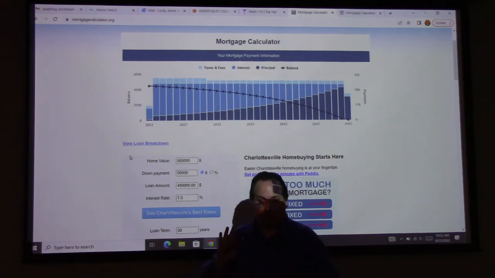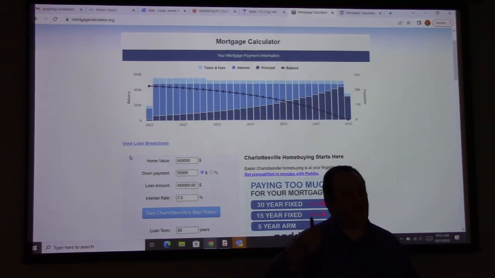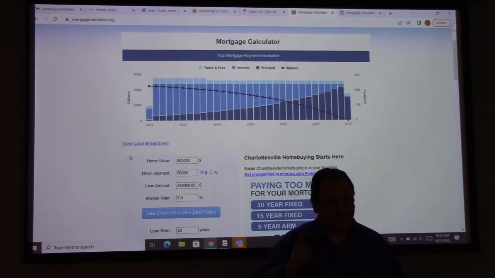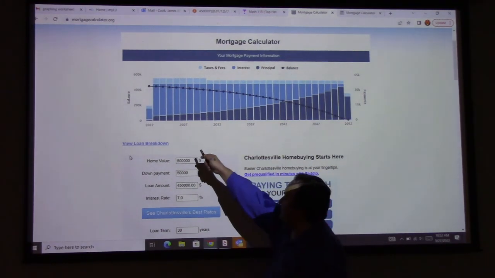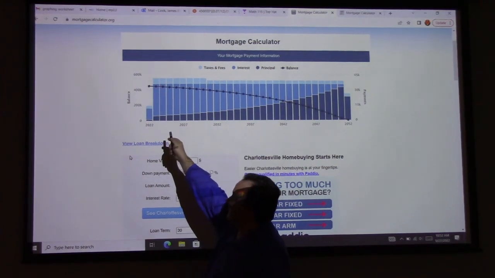So suppose month 2, you send the bank $3,300 rather than $3,000. What happens is you've just paid a month ahead in the loan. What that means is you no longer have to pay this interest. You just saved yourself $2,700 worth of interest.